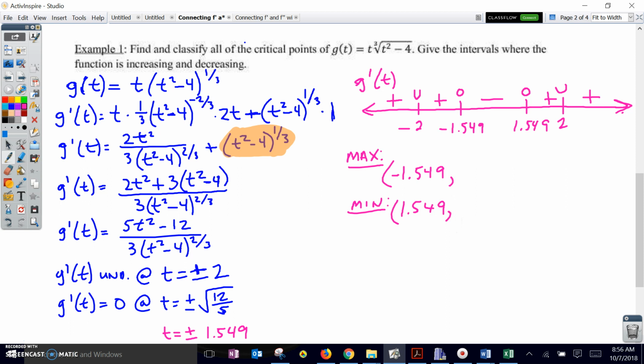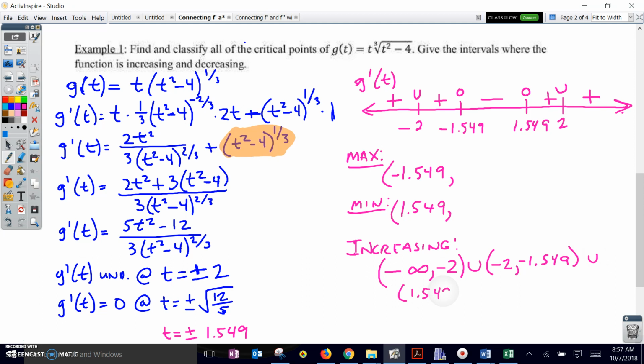And then as far as my intervals of increasing and decreasing, it is increasing everywhere where it's positive, so we've got from negative infinity to negative 2, and from negative 2 to negative 1.549, and from 1.549 to 2, and from 2 to infinity.